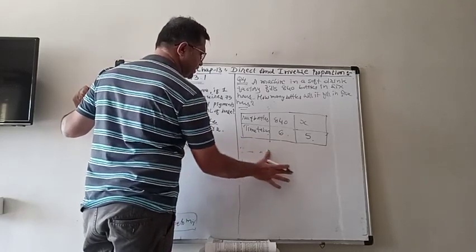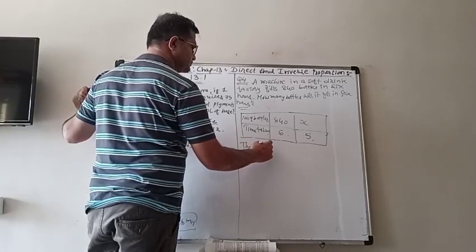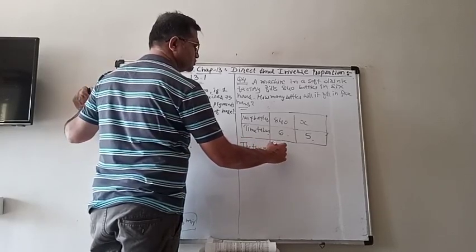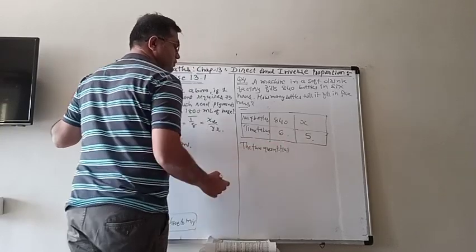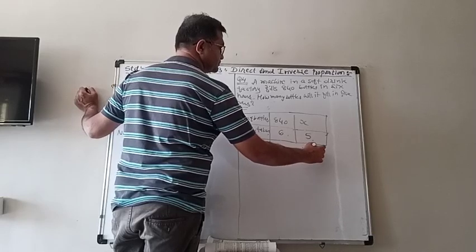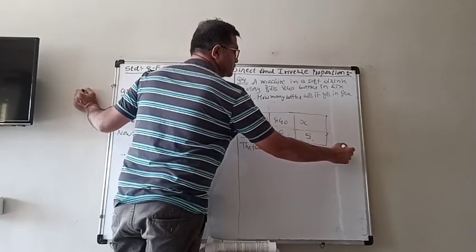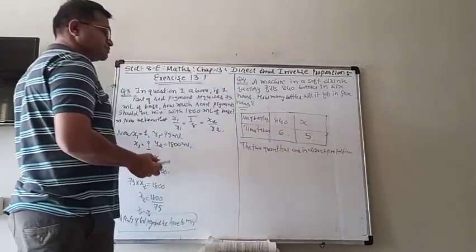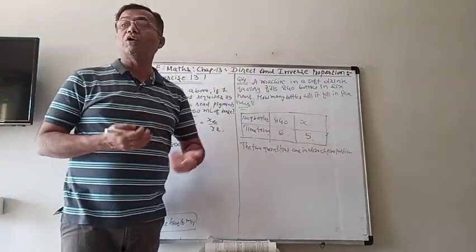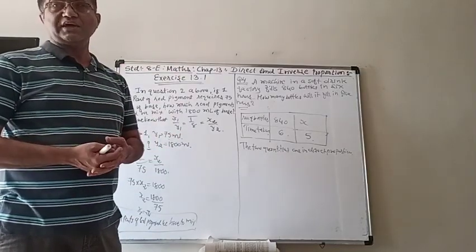So now 840, you can see that the two quantities are in direct proportion. Because to fill more bottles, it requires more time. To fill fewer bottles, it requires less time.